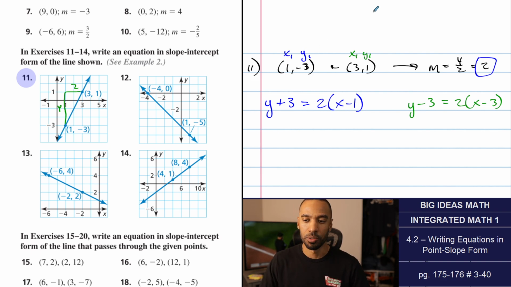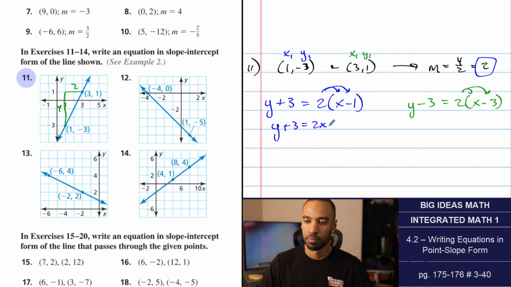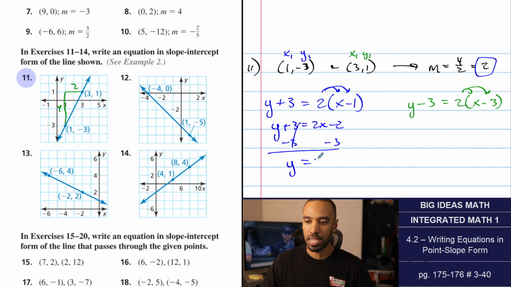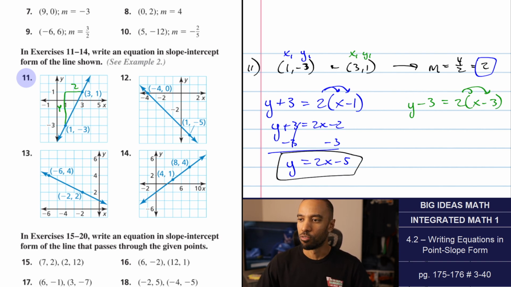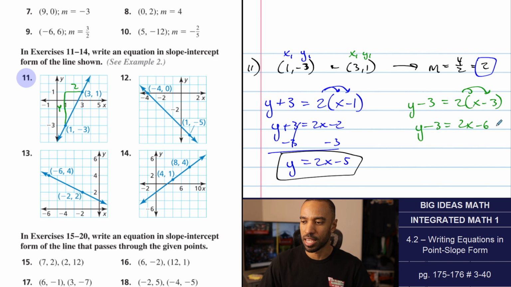No matter what we do, if we distribute 2 here or here, and then eventually move that other term over, if I subtract 3 from both sides here, I will get y equals 2x minus 5. Over here, this becomes 2x minus 6, excuse me, hold on, I wrote something wrong.